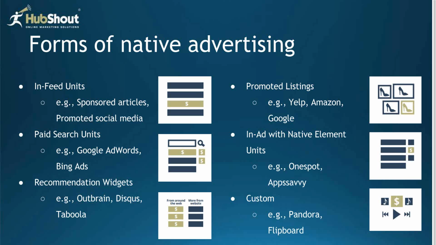And you can see here on the right another example where maybe there's two different types of content, but the native ad is sort of hidden or mixed in with other editorial pieces of content. And finally, a custom example, where many of us using things like Pandora and Flipboard see content getting mixed in. There are direct ads, but sometimes there's actually content mixed in terms of what music we're even listening to.